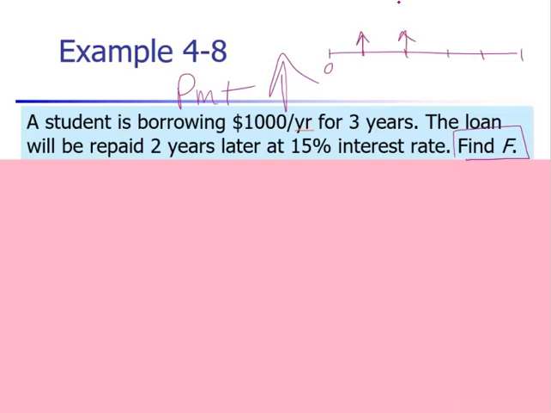So here we have 3 years and it is $1,000. 1, 2, 3. And the loan will be repaid 2 years later. So you are going to pay it 2 years later. And since it is payment, it would be downward. F. Here it is asking you about F, how to calculate it.